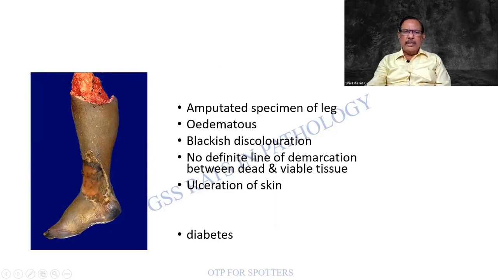There is no definite line of demarcation in it. And some specimens may be having an ulcer. Usually such an edematous gangrene is a wet gangrene, can occur in diabetes. Otherwise you get a dry gangrene in the foot. So it is a wet gangrene leg.